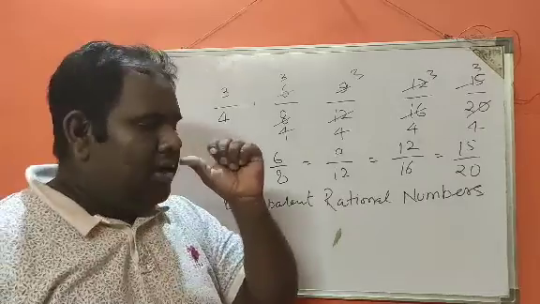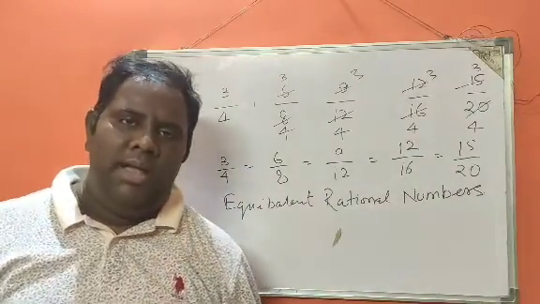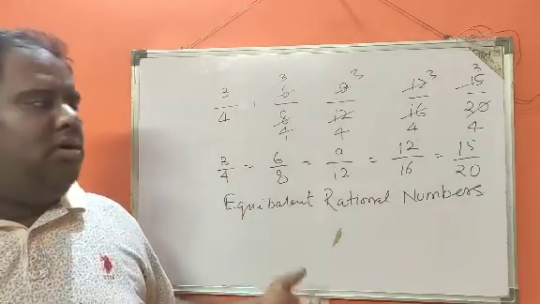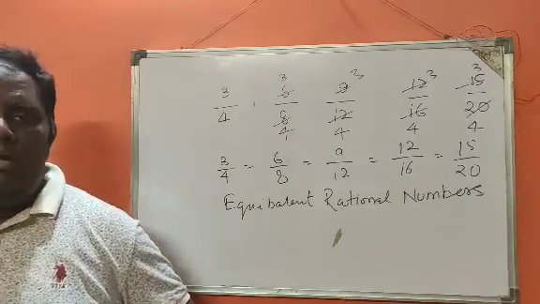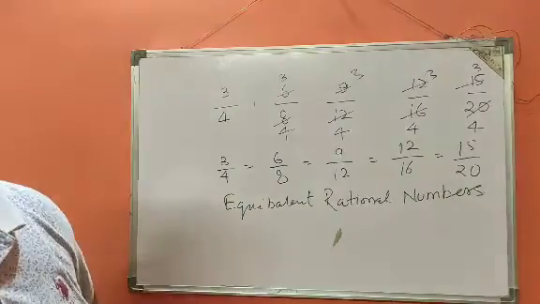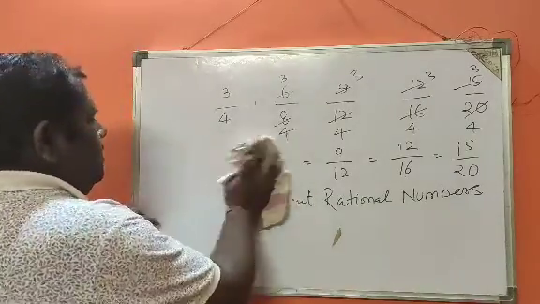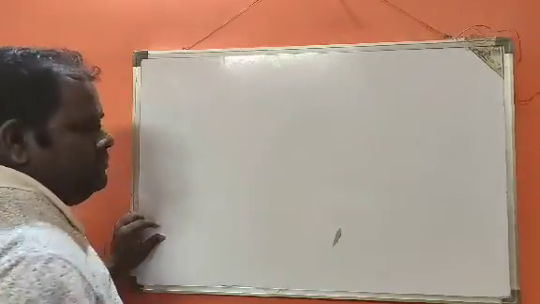It means there will be a common factor in numerator and denominator, and if we divide with that, then we shall get the original rational number. So these types of numbers are known as equivalent rational numbers. Then after comes standard rational number.